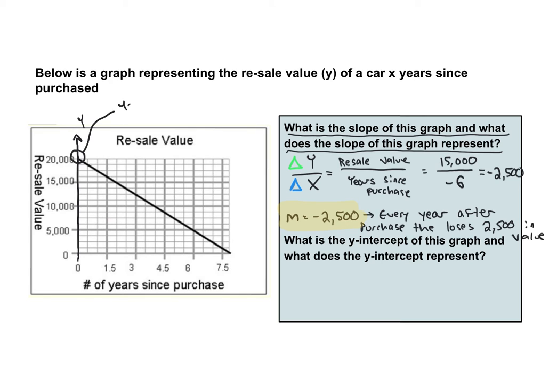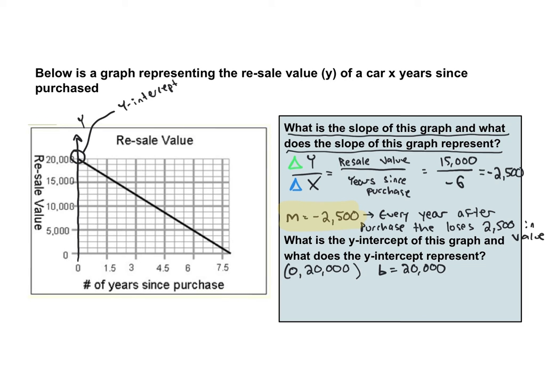So my y-intercept. And that is the point where x is 0 and y is 20,000. Which means that for y equals mx plus b, b is just the y coordinate. So my b is going to be 20,000.